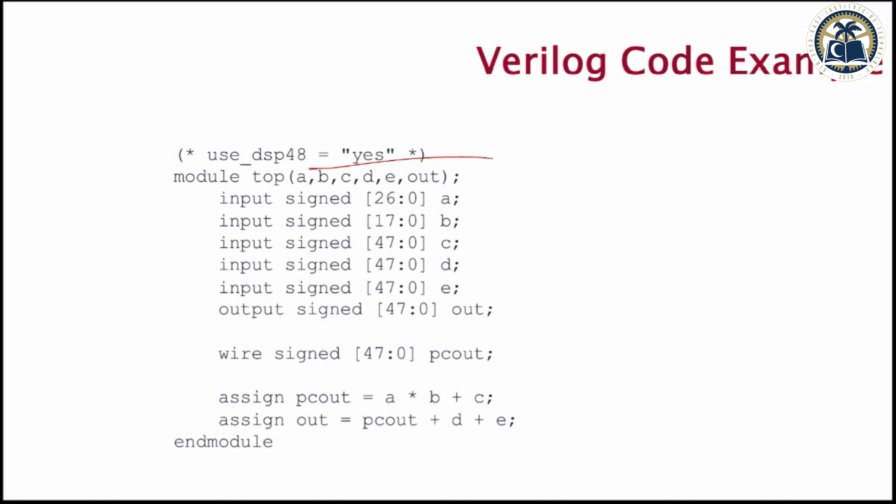You are just adding three numbers which are inputs, and this is a typical MAC operation, A times B plus C, and then you are adding D plus C. So you are doing some computation.